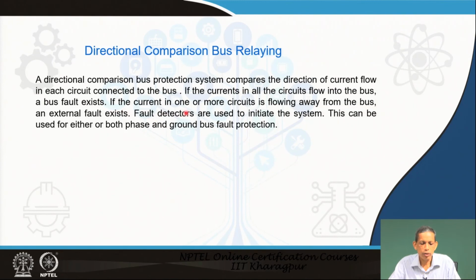If the current in one or more circuits is flowing away from the bus, an external fault exists. Fault detectors are used to initiate the system, and this can be used for both phase and ground fault protections. Such different protection schemes for the bus bar can also be integrated and combined to make a more reliable decision.